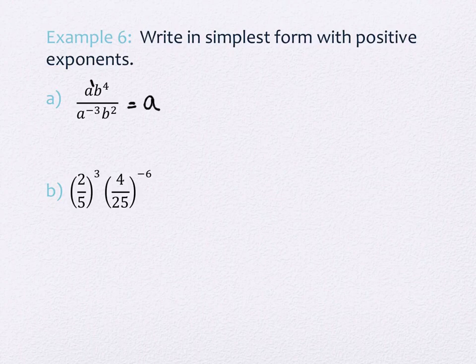So if I think of it like that, this is 1 minus, and it's negative 3 in the denominator, so keep that in mind. It's the exponent in the numerator minus the exponent in the denominator. If it's a negative, it stays negative, so I have minus a negative. The b is 4 minus 2. So what happens when I have 1 minus negative 3?